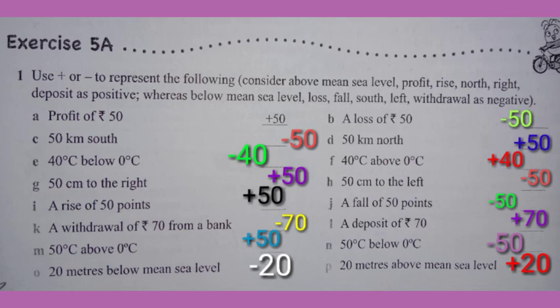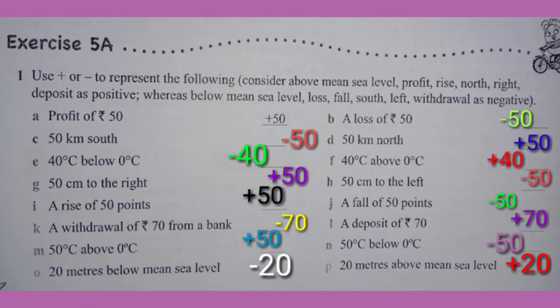Part G, 50 centimeters to the right which equals plus 50, and part H, 50 centimeters to the left which equals minus 50. Part I, a rise of 50 points which equals plus 50. Part J, a fall of 50 points which equals minus 50. Part K, a withdrawal of rupees 70 from a bank which equals minus 70.